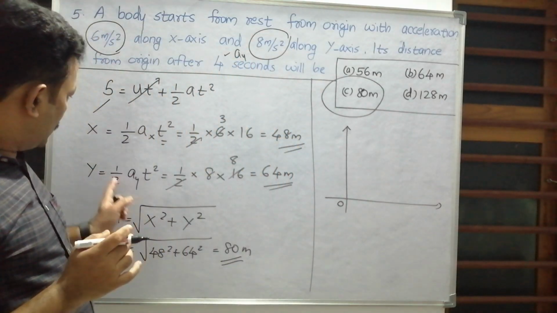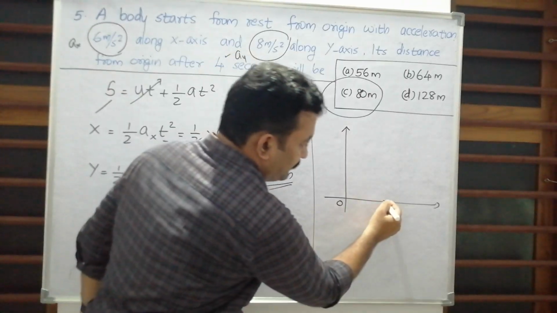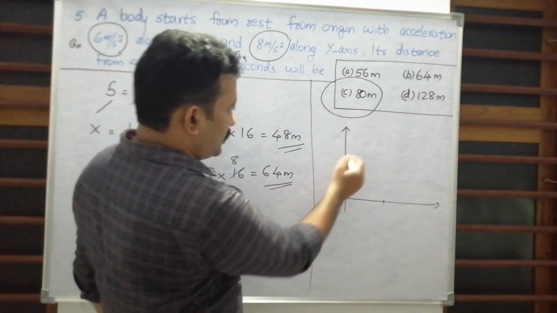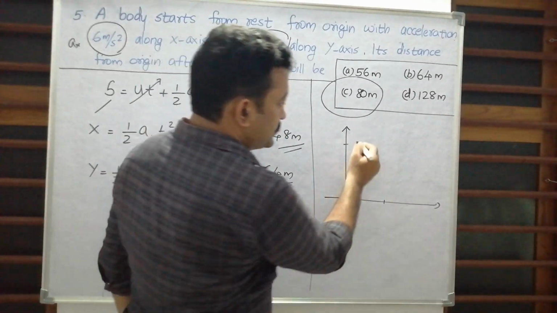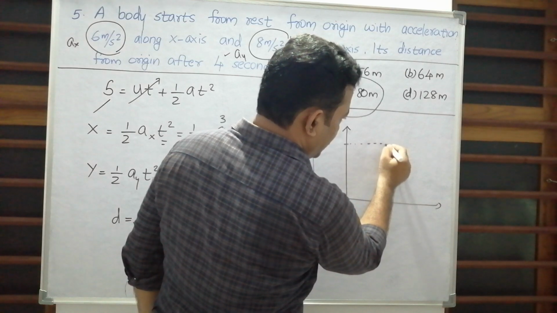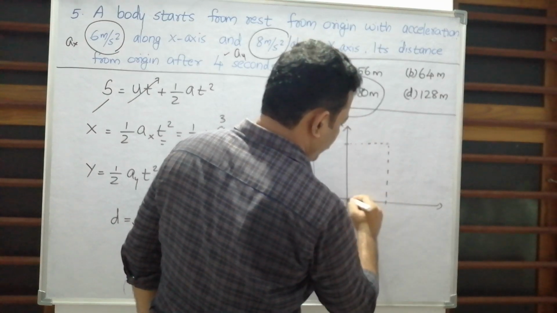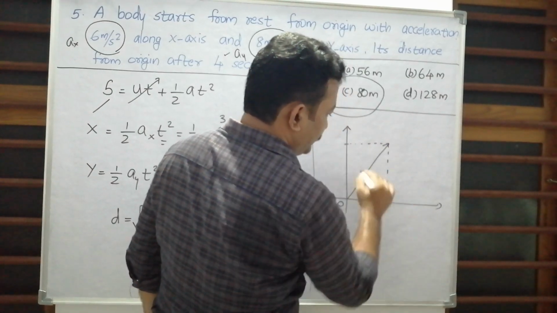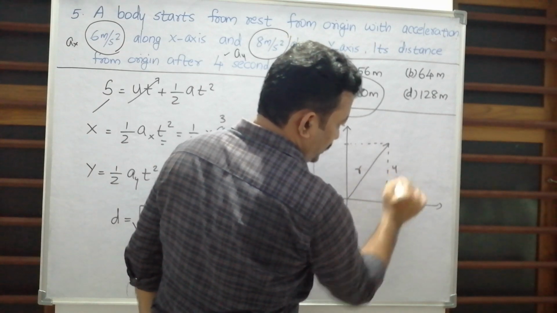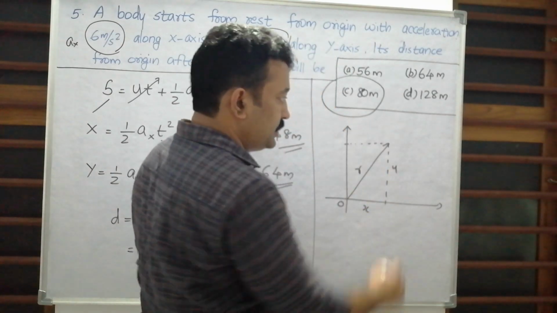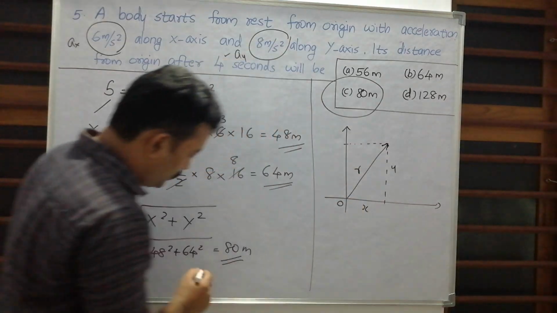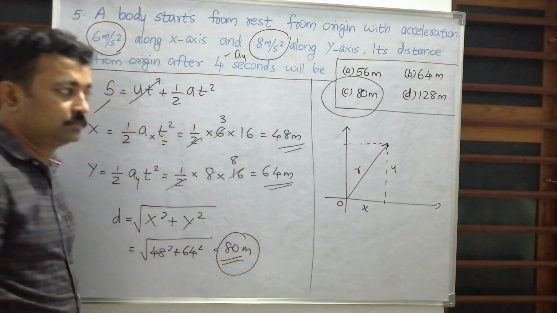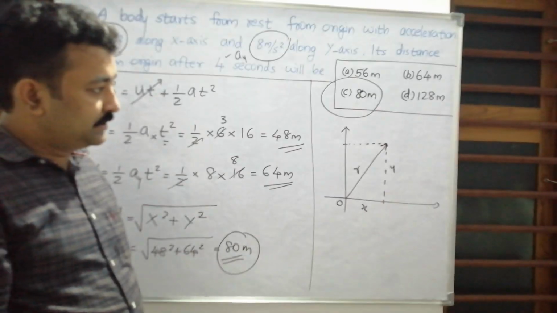After some time you got x coordinate as 48 over here, and y coordinate is 64. So you know that the position of the particle will be somewhere over here. You can say r is the magnitude, which we have found as 80 meter, the hypotenuse of the right triangle.